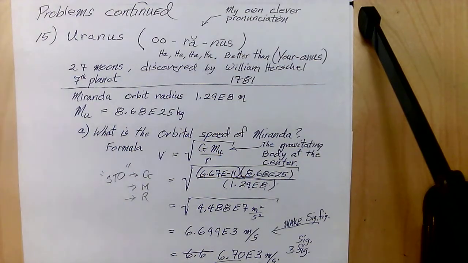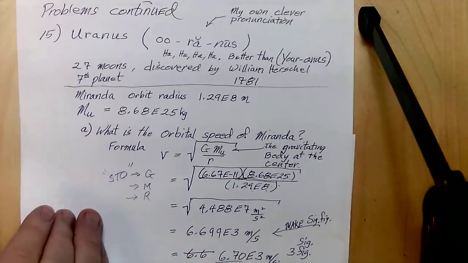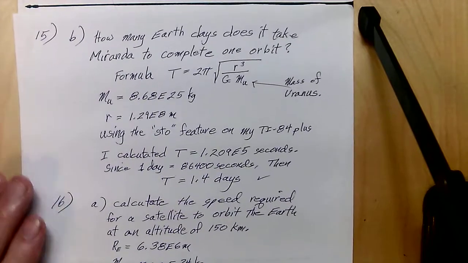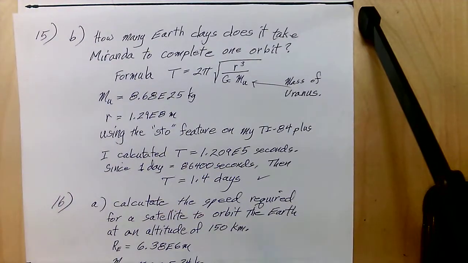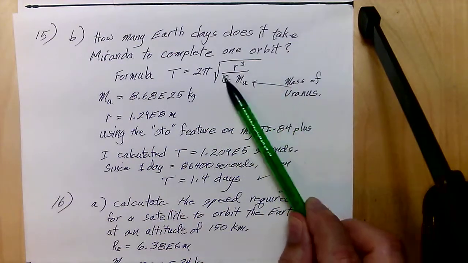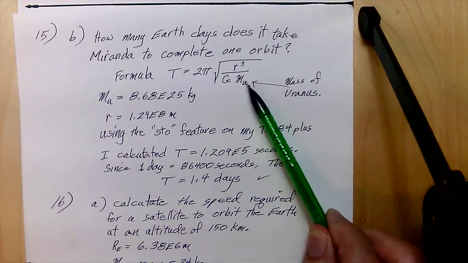Now the next part of the problem is, how many days does it take to complete an orbit? Alright, so again, here's your formula. T is equal to 2 pi square root of r cubed over M of Uranus.